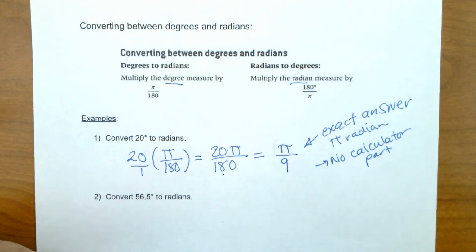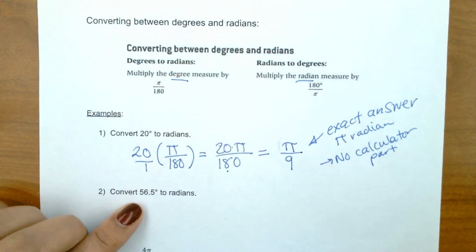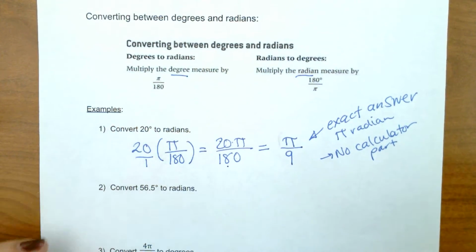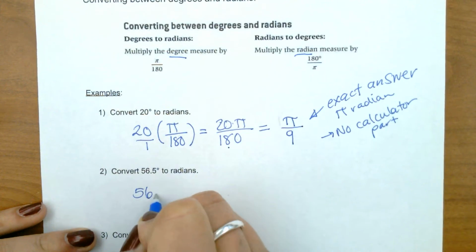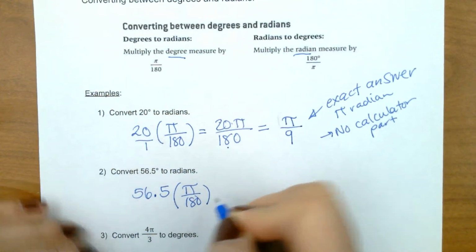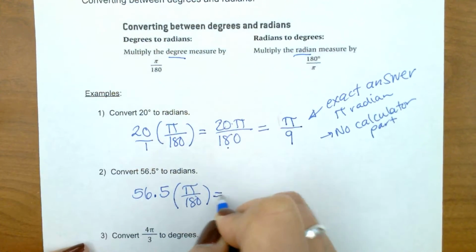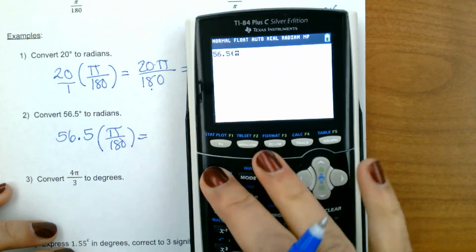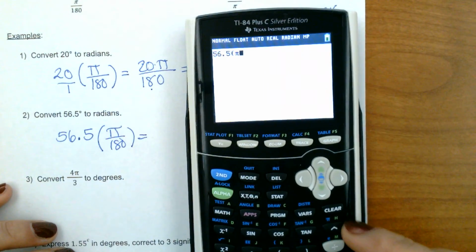Okay, so let's say using a calculator. If you get something such as 56.5 degrees to radians, you're going to be able to use a calculator here. So we're going to do 56.5 times pi over 180 because we're going from degrees to radians. To do that, I would put 56.5, then open my parentheses, and use my pi button, which is right up here below the clear.